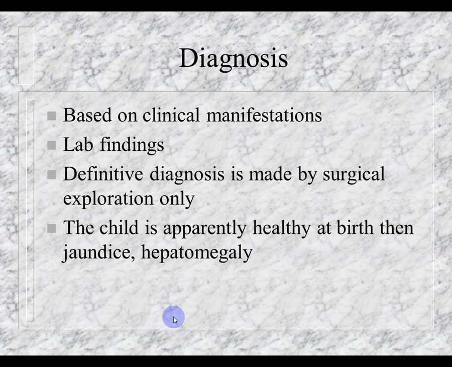Jaundice, of course, is going to be an early manifestation that you're going to see. Definite diagnosis is by surgical exploration only. And again, they're not having this jaundice at birth. It's later on that you will see it. They're healthy at birth, and then later on, 2 to 3 weeks later, they start developing this jaundice that will not go away, even with treatment. Hepatomegaly will also start as well.